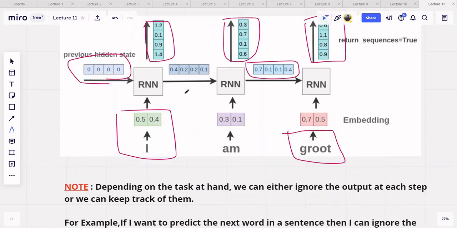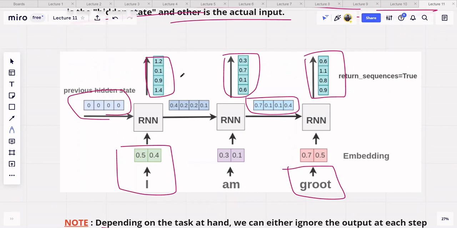And one very important thing is that depending upon the task at hand, we can either ignore the outputs at each step, or we can keep track of them. So the outputs that we get at each point, we can either ignore them all, or we can only consider one of them, depending upon our task.